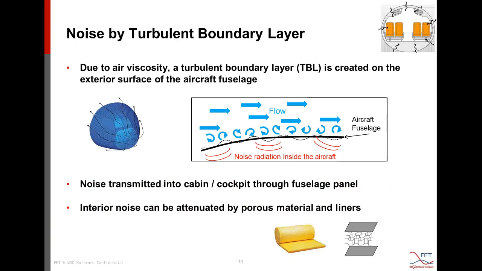A major contribution to the interior noise is the turbulent boundary layer. This is due to the air viscosity. This turbulent boundary layer is created on the surface of the fuselage and the cockpit, and it causes vibration of the fuselage, which is transmitted into the aircraft cabin.